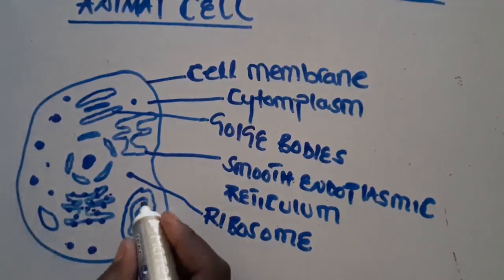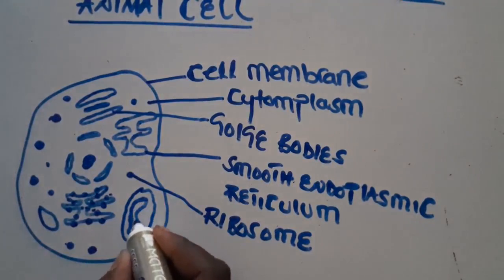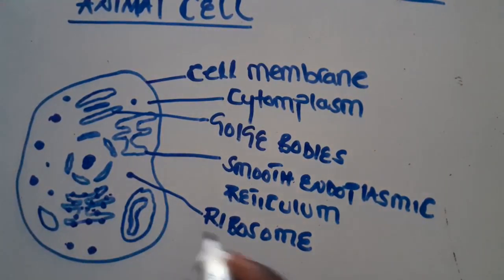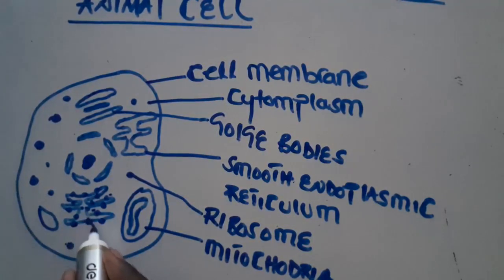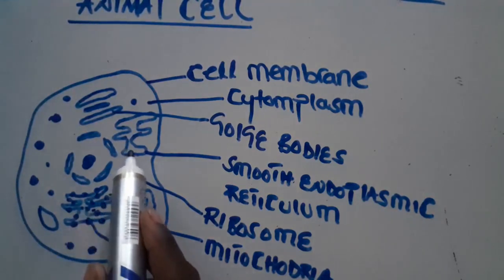And there is also this part, and we can see it's looking like a sausage. This part is called a mitochondria. Then there is also this part, which is having the ribosomes. If you can see clearly, the structure where these ribosomes are seated is similar to this part.